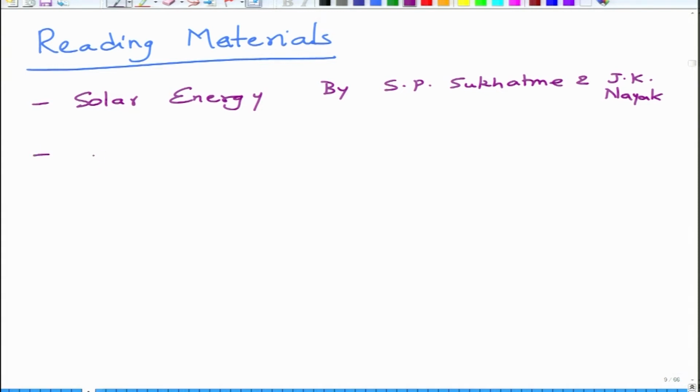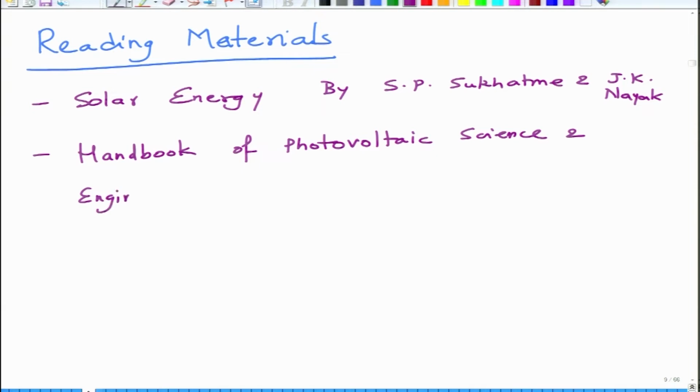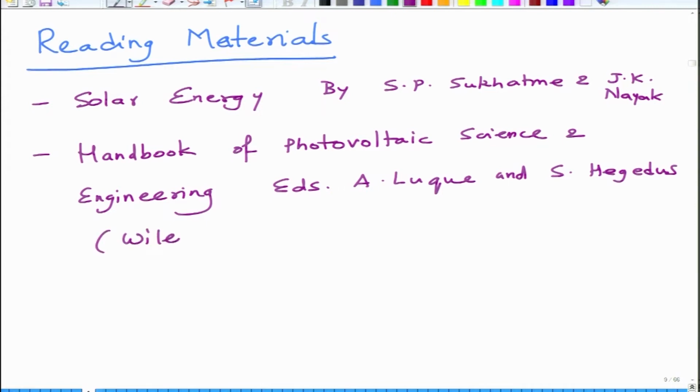Then the second book is about solar photovoltaics and semiconductors. So I would say you can go through Handbook of Photovoltaic Science and Engineering, which is a very good book edited by A. Luque and S. Hegedus, and this is a book of Wiley Publishers.